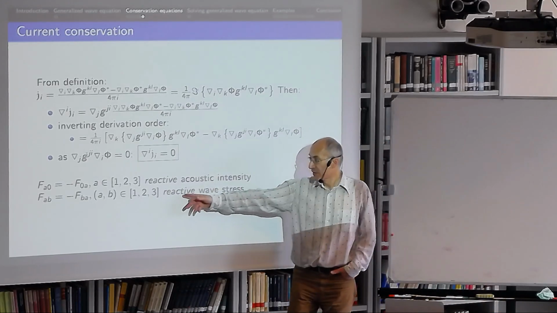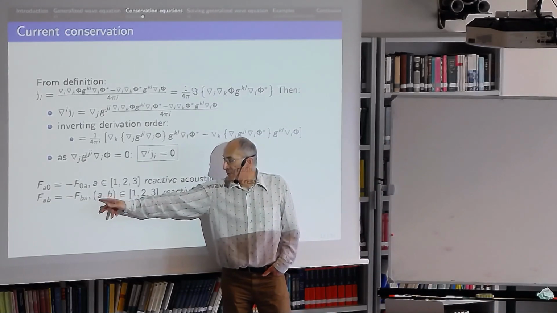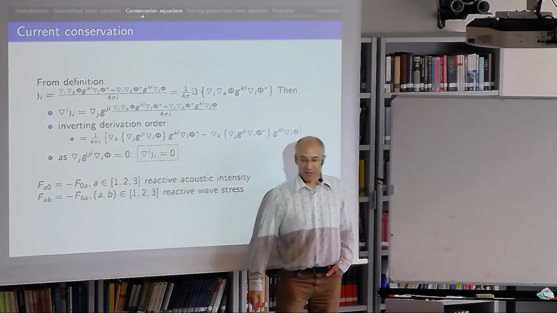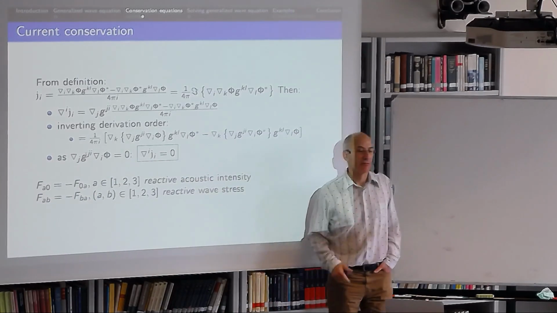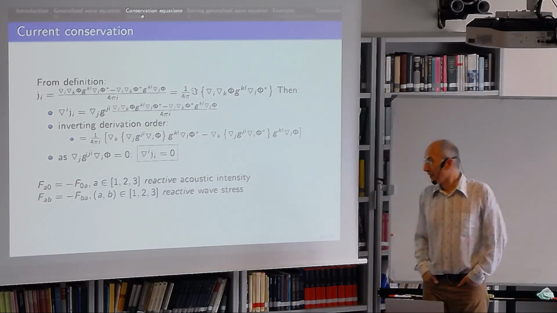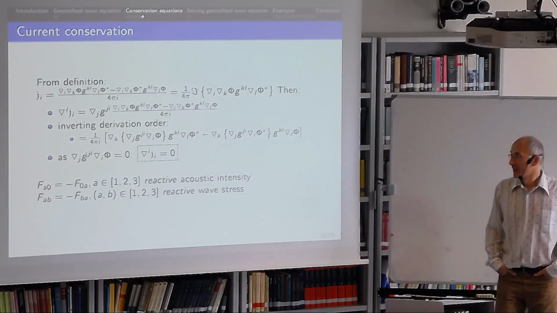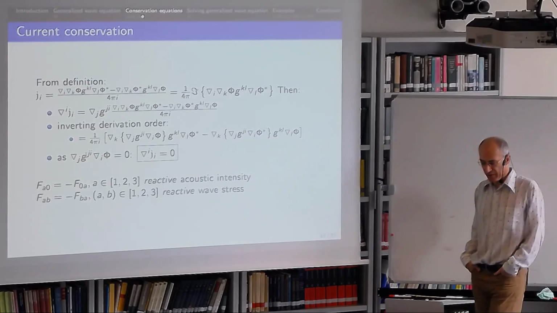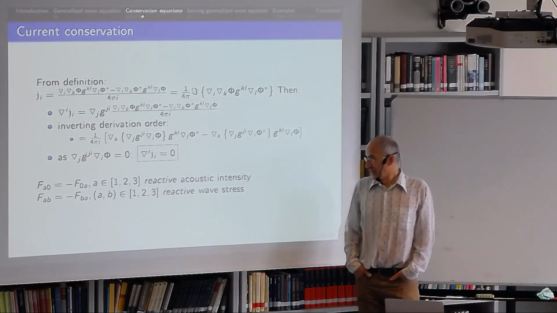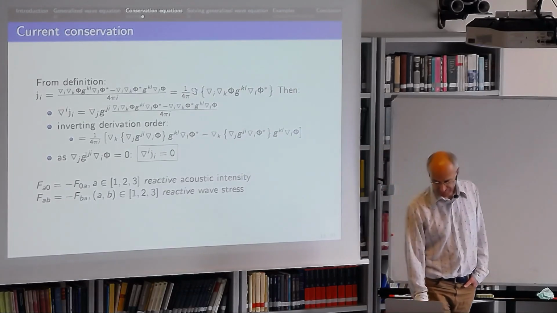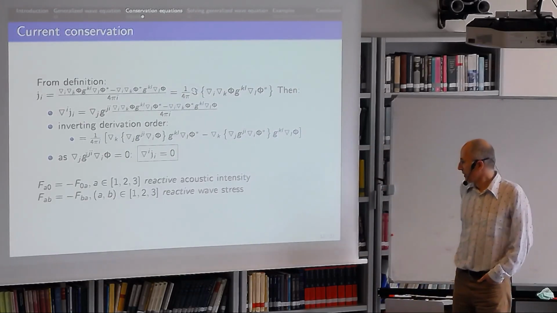The other elements, where you remember that the diagonal is identically null, I call the reactive wave stress, because the corresponding real part was called the wave stress tensor by Morse and Ingard.